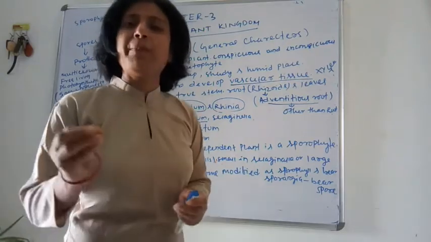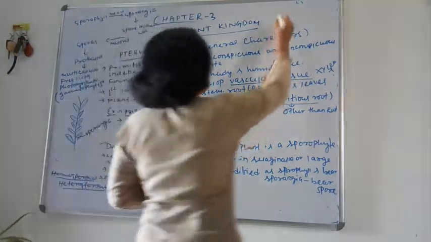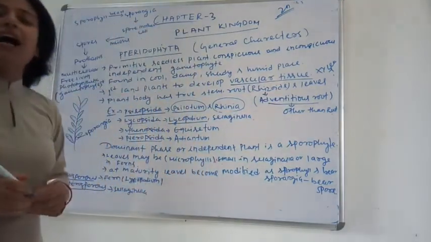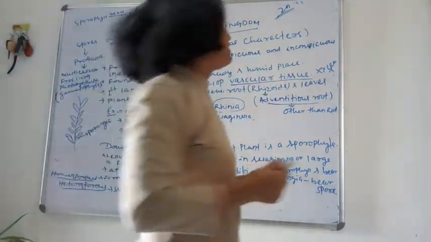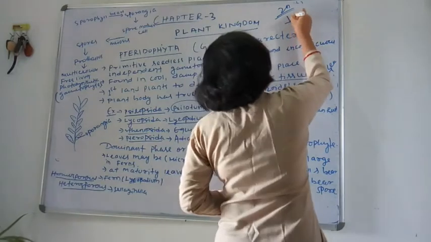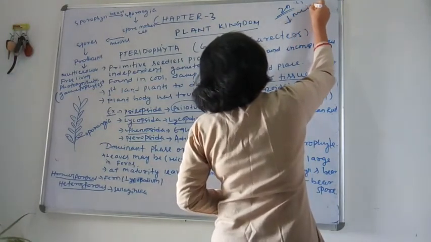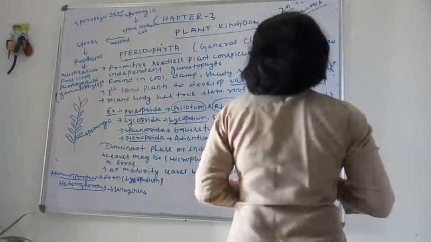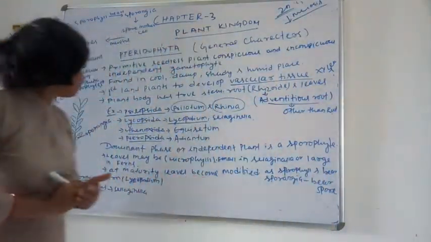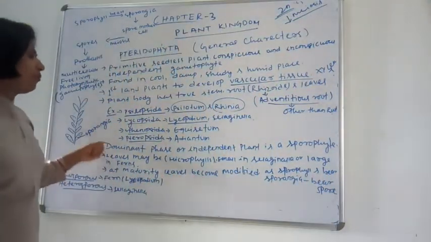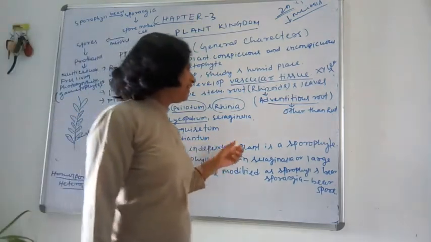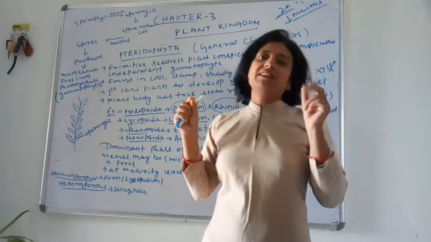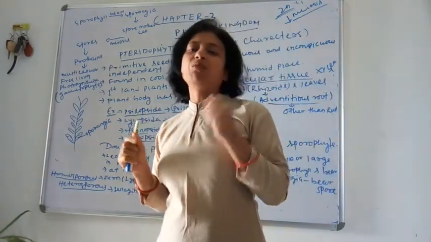Sporophytic phase means the parent body is diploid, meaning twin. To produce gametes it has to undergo meiosis, which we already studied in our yesterday's class. So the dominant phase or independent plant is a sporophyte. Each plant has twice the number of chromosomes.